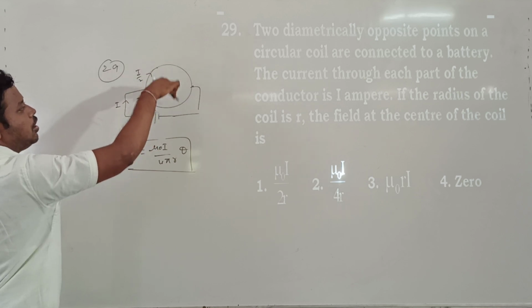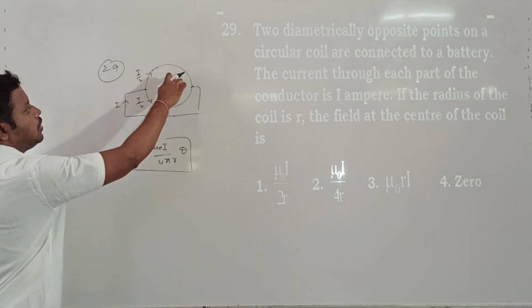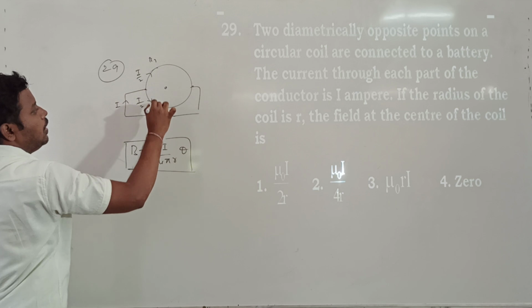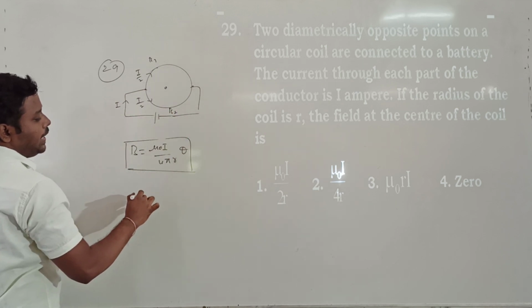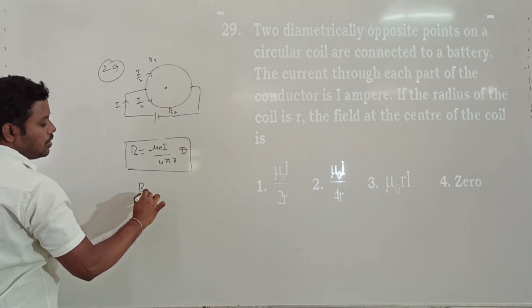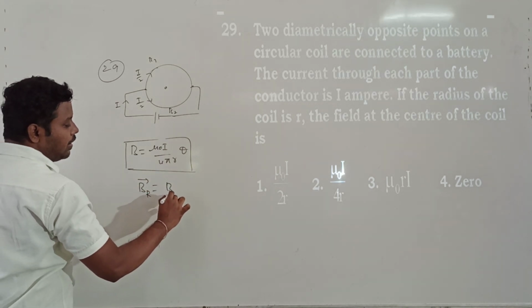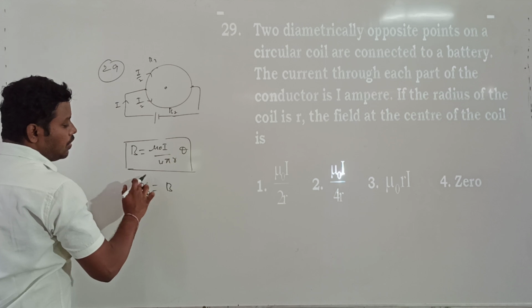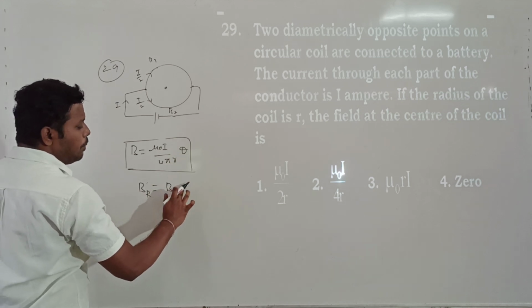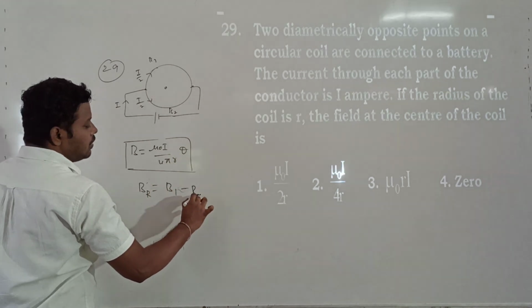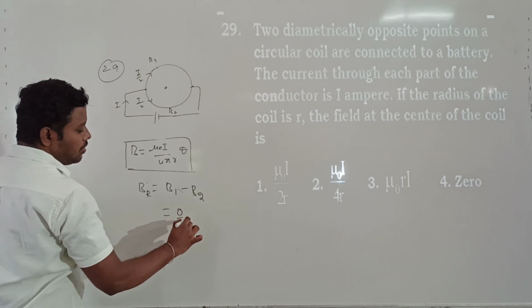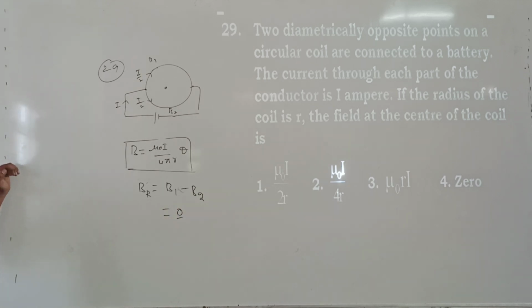Since current is flowing in opposite directions, the magnetic field due to the first part I call B1, and due to this part B2. Both are equal and opposite. So the resultant B is B1 plus B2, that is B1 minus B2. Since B1 is equal to B2, the answer is 0. Understood? So this is question number 29.